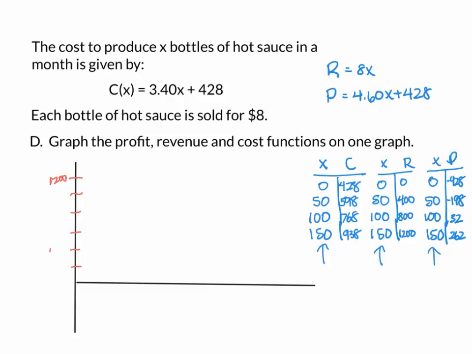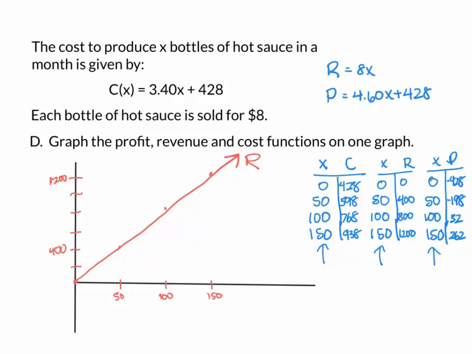This is going to be 400. So putting in a few values, let's make tick marks on my x-axis also. So at 50, we're up here at 400. At 100, we're at 800. At 150, we're up at 1200. So my revenue function is going up like this.